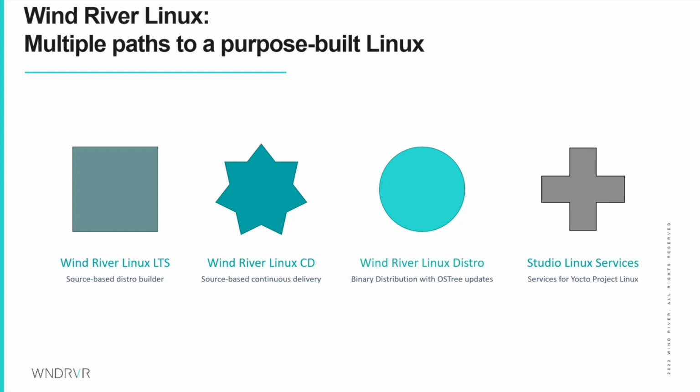And so that's something for customers that really need to be on the real bleeding edge. Now, Wind River Linux LTS and the CD release are both distro builders. In other words, we're not shipping you a distribution, we're shipping you the means to build your own distribution. Now, earlier this year, we introduced something called Wind River Linux Distro.